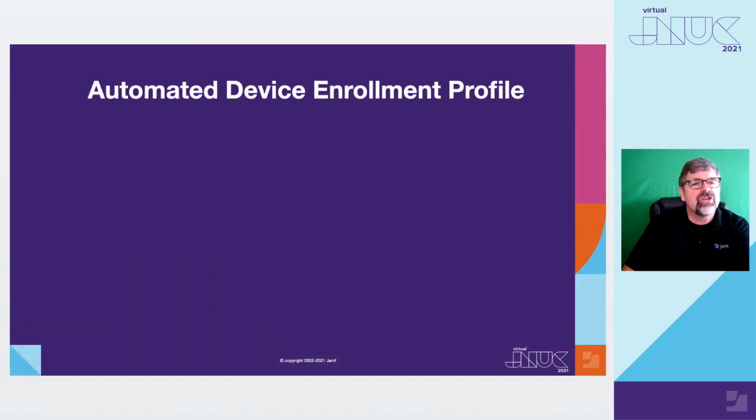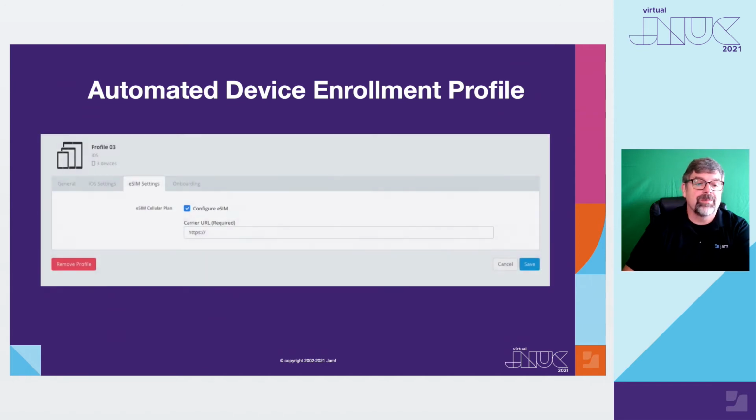Jamf School has a unique feature which gives us the ability to go ahead and put in that eSIM URL so that the devices will activate. We don't have to send a remote command. In Jamf School, instead of pre-stage enrollments as we have with Jamf Pro, we use something called Automated Device Enrollment Profiles.